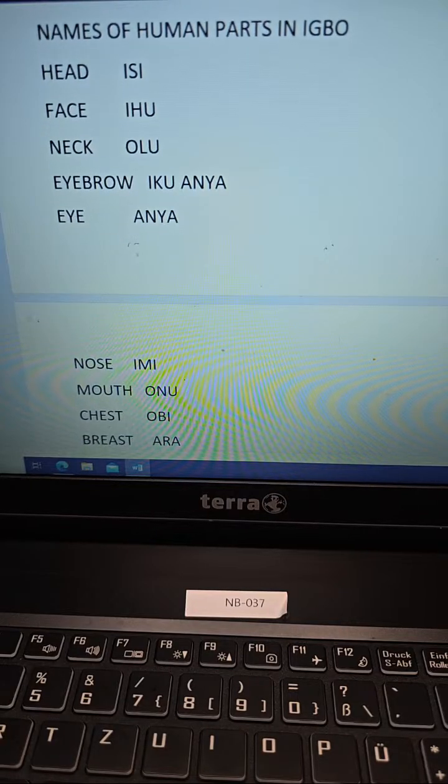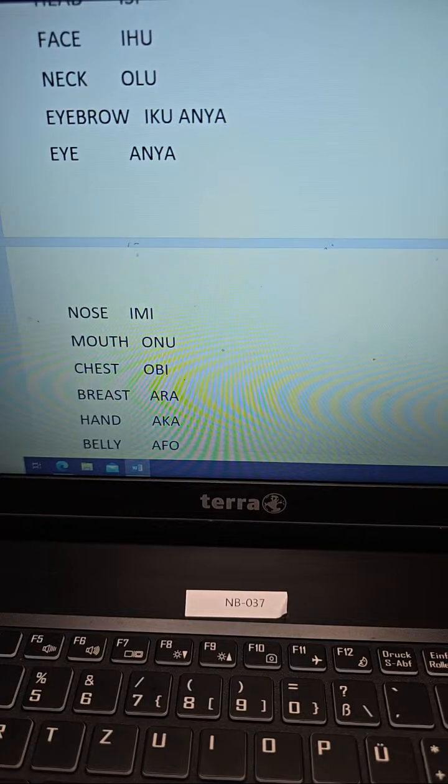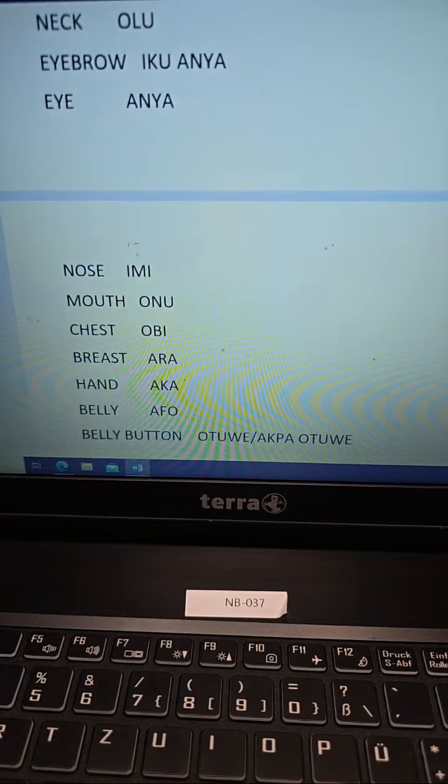And then we move into the names of human parts in Igbo language. We said head is isi. Face, ihu. Neck, olu. Eyebrow, ikwanya. Eye, anya.